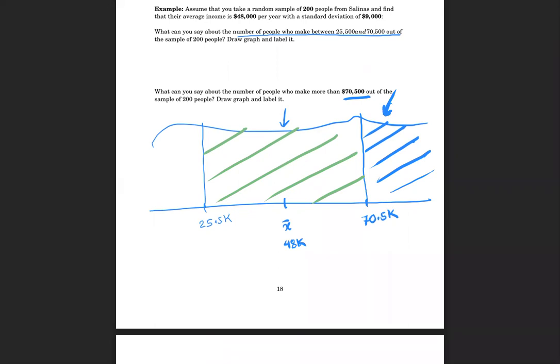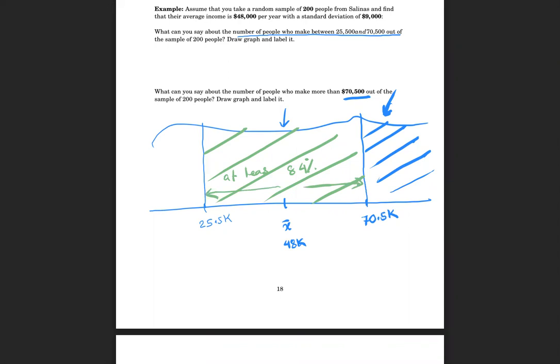Just to remind you, we know that at least 84% fall between 25.5 thousand and 70.5 thousand.